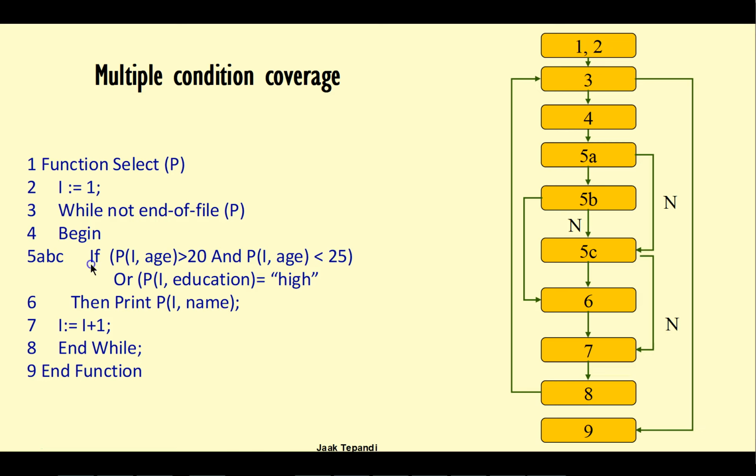So here we have a single condition which consists of several subconditions, and we denote by A the first, age more than 20, by B the second, age less than 25, and C, education is high.